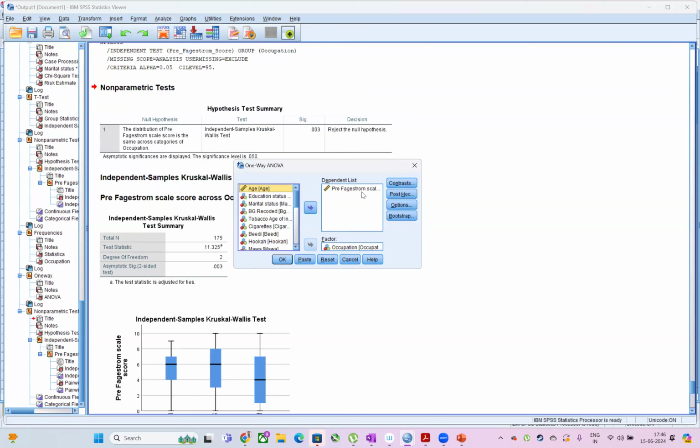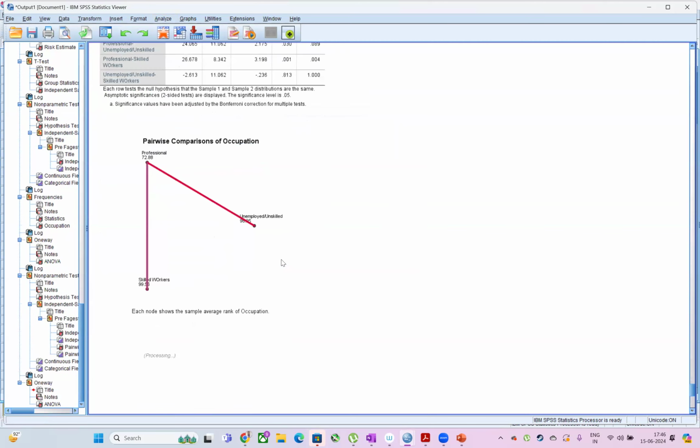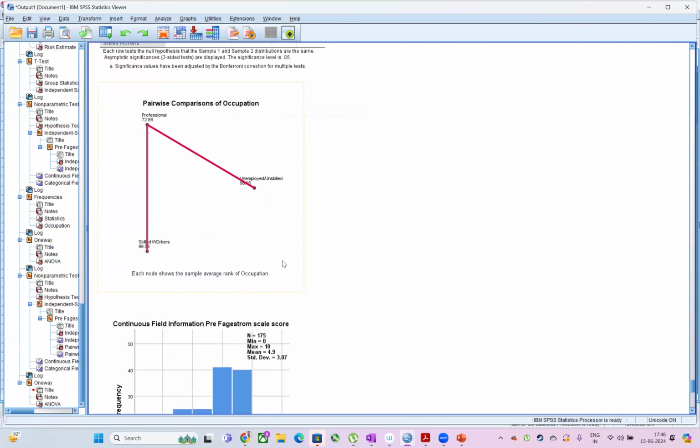You give the quantitative, continuous variable over here, and the categorical variable over here, and you give okay. You go down and see the output, and you see the p-value over here, which shows that occupation is associated with nicotine dependent score. Okay, clear? Clear, sir.